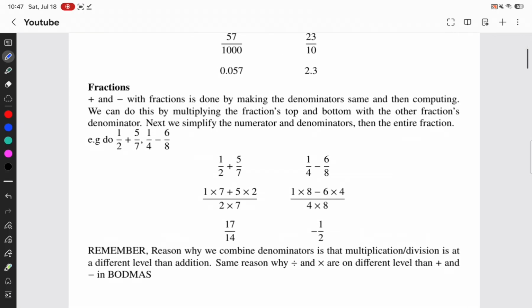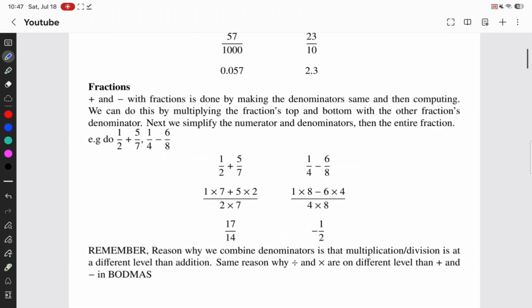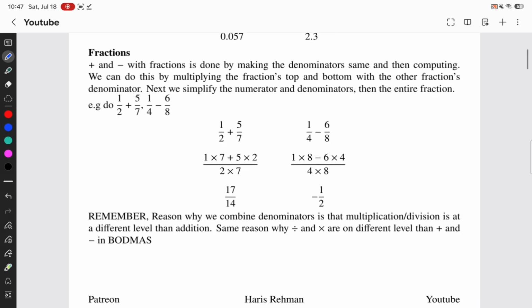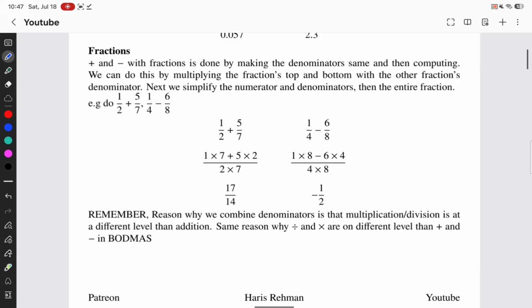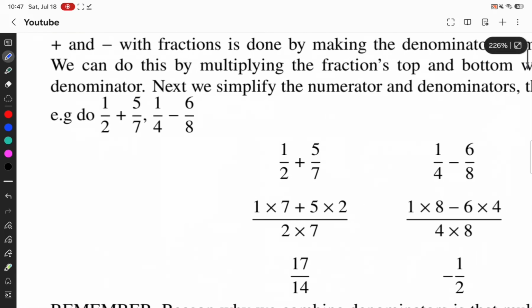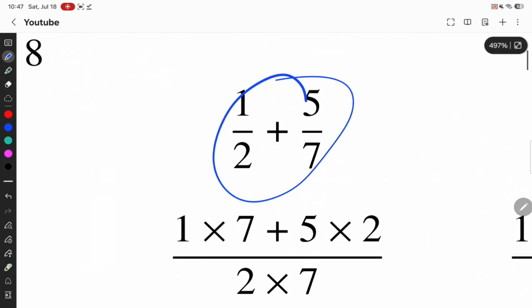Fractions. Addition and subtraction with fractions is done by making the denominators the same and computing. We can do this by multiplying the fractions top and bottom with the other fraction's denominator. Next, we simplify the numerator and denominators, then the entire fraction. Example. What do I mean? We have this addition of two fractions.